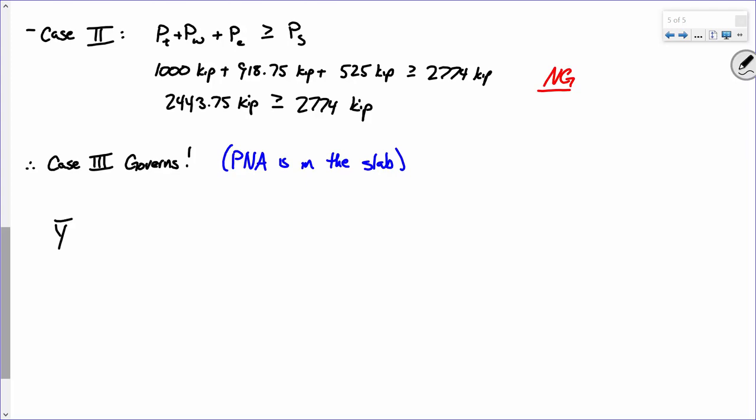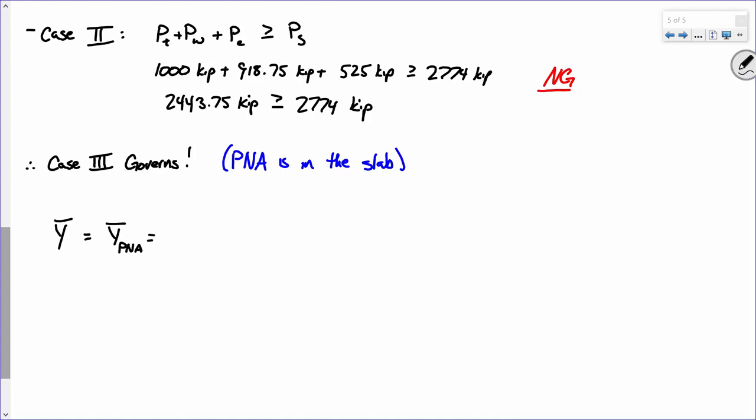Now, if the PNA is in the slab, the first thing that we can do is compute Y bar. Now, I don't want you to get confused thinking that's the centroid. That's not the centroid. It's the location of the PNA. Now, I propose to compute that.